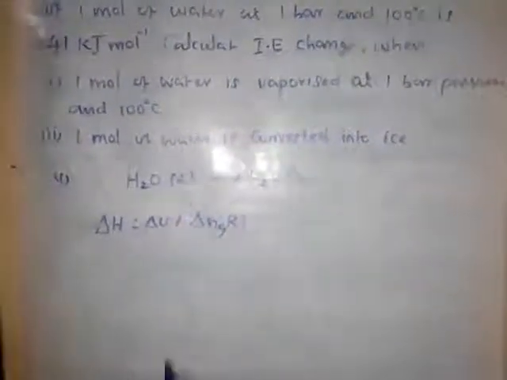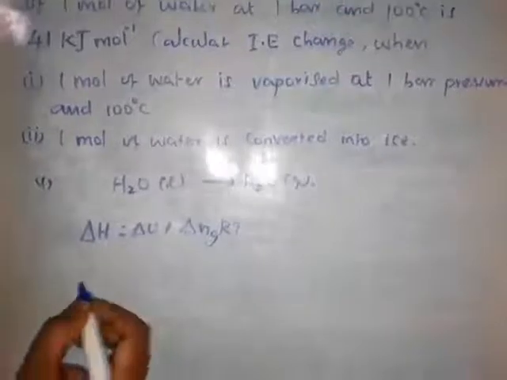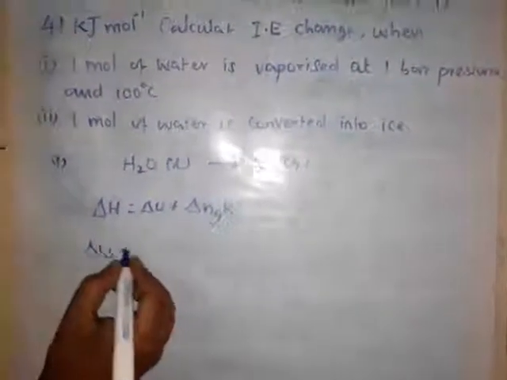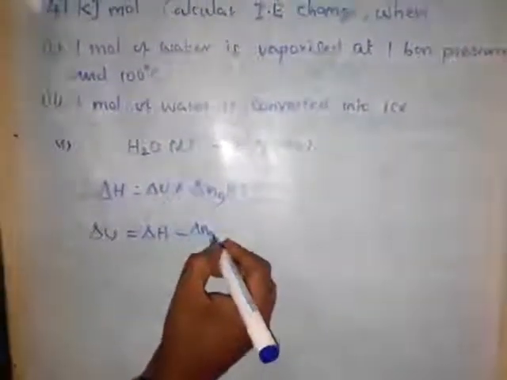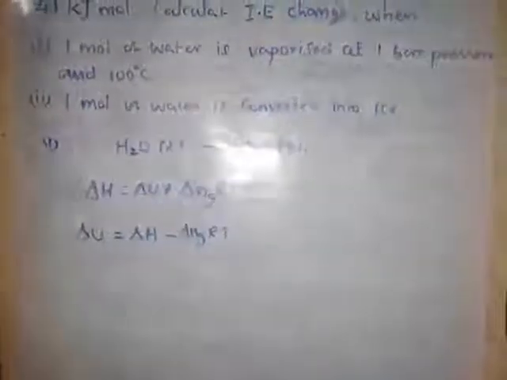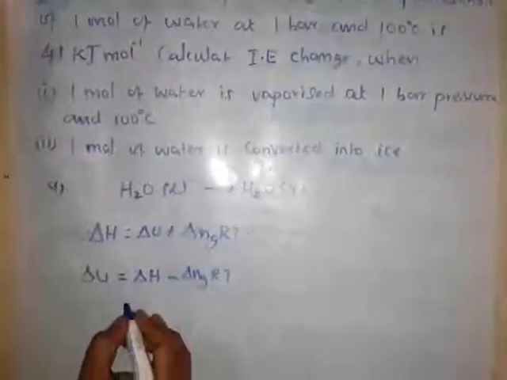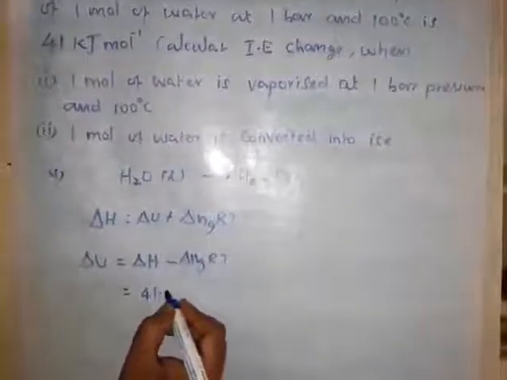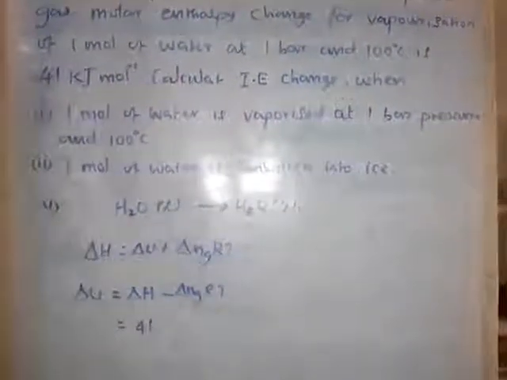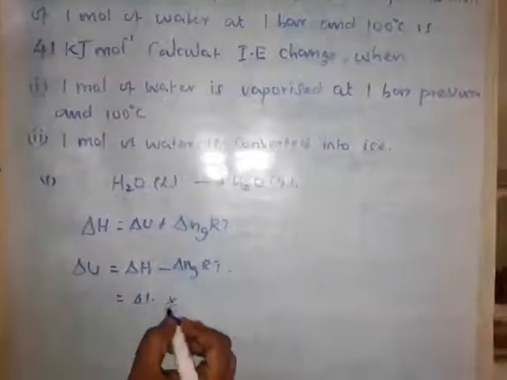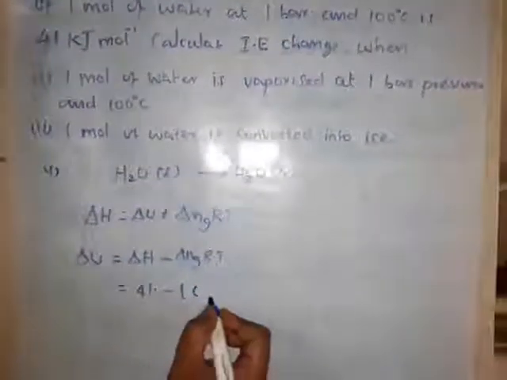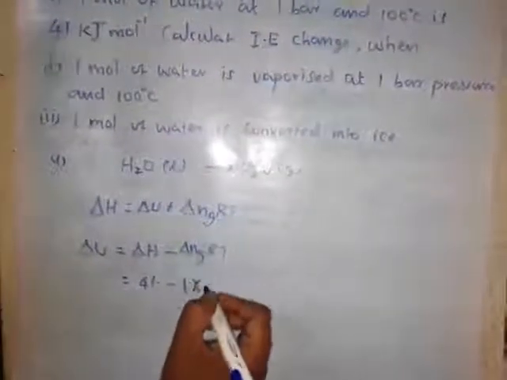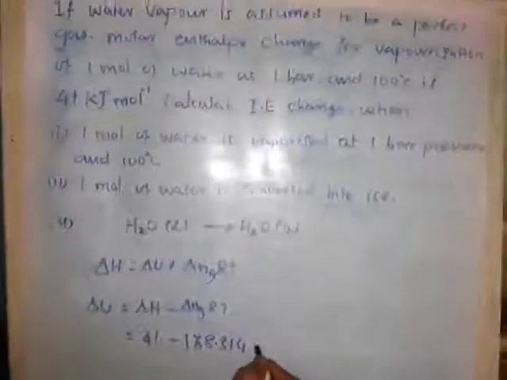This is the formula. To calculate internal energy, delta U is equal to delta H minus delta Ng RT. Substituting the values, delta H is 41 kilojoule per mole, the number of moles of gas is 1, so minus 1 into R, whose value is 8.314, into temperature.